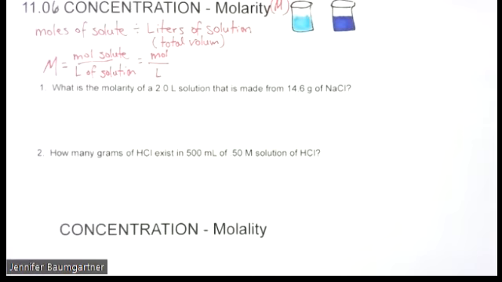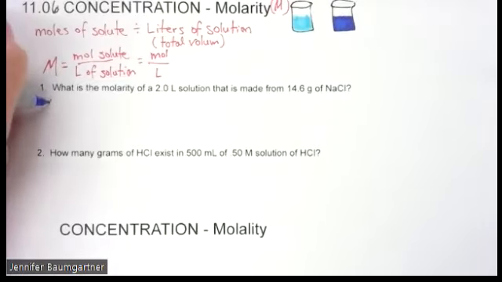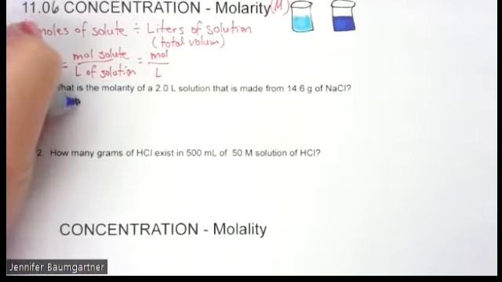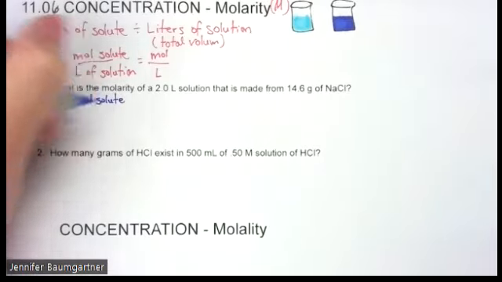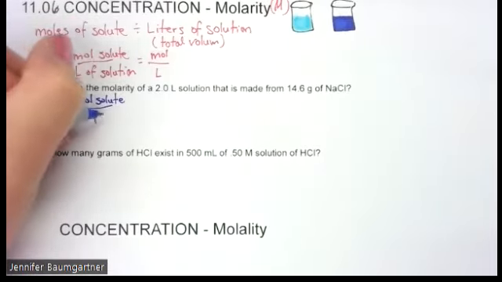All right, so again, I'm going to encourage you guys to make variable banks for these to help you out. What is the molarity of a 2-liter solution that is made from 14.6 grams of sodium chloride? Well, when I see molarity, I know I'm going to have moles of solute divided by liters of solution.